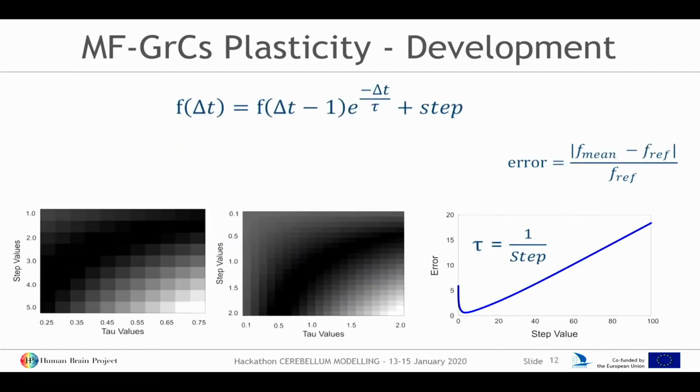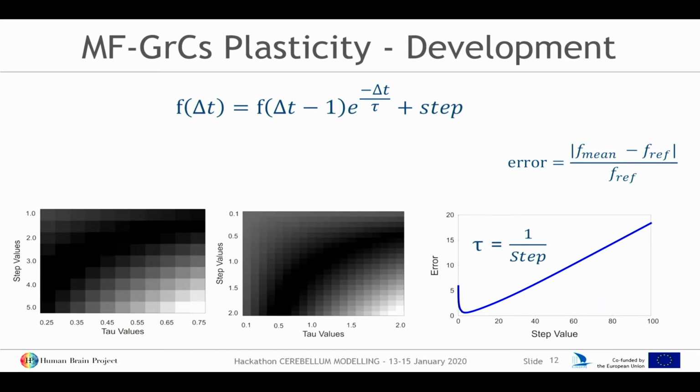So, starting with the first part, we needed to compute the firing rate, the instantaneous firing rate. We have tested different approaches, and we found that a good solution is to have a function that increases every time we receive a spike.